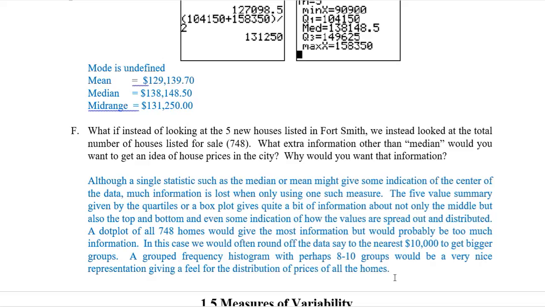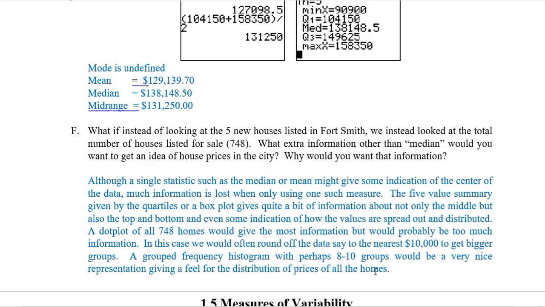Now, one thing we could do instead is maybe round off the data to say the nearest 10,000 to get bigger groups, and then maybe use a grouped frequency histogram with about 8 to 10 groups, and that might give us a pretty nice representation and a feel for the distribution of the prices of all homes. So probably I would want something like maybe the mean, but then also maybe a box plot, and then maybe a grouped frequency histogram.